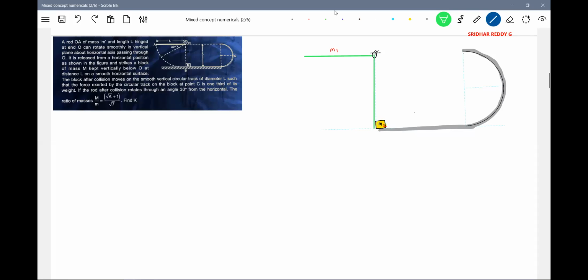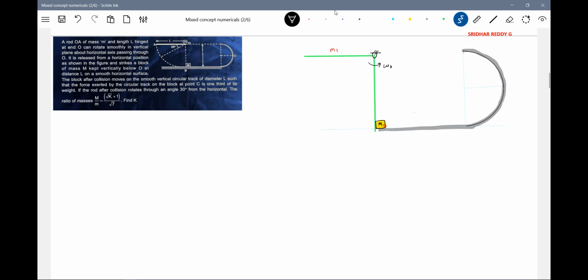Then after collision, it will swing back to 30 degrees. So this is what happens here. I'll release it. It will come, collide, and after collision it will swing back. Just before collision, it will have angular velocity omega naught.